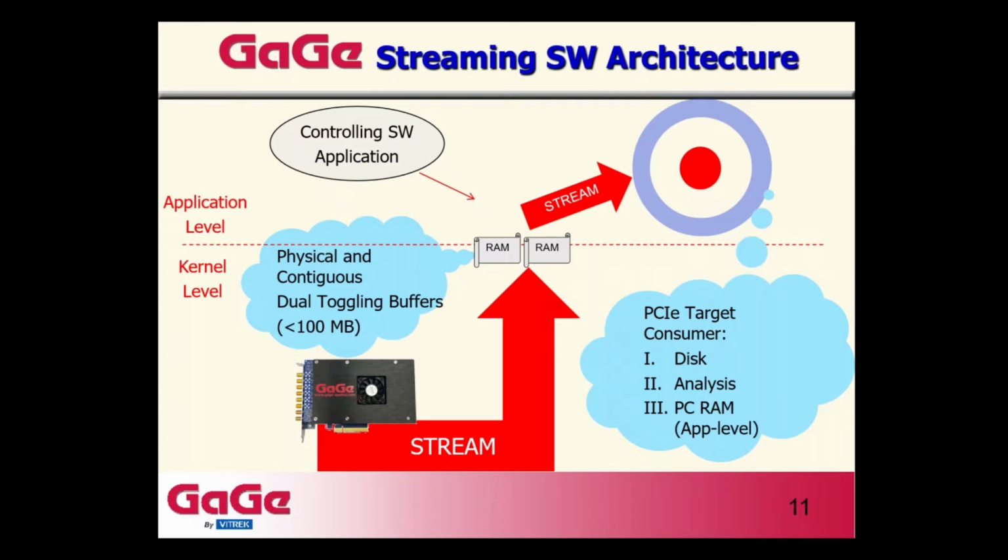And then at a lower level, there's the kernel level, which is where our cards are actually programmed at a very low register level, where data are moved around. You can access physical memory at this kernel level. So in a way, all the real hardcore heavy lifting is done at the kernel level.